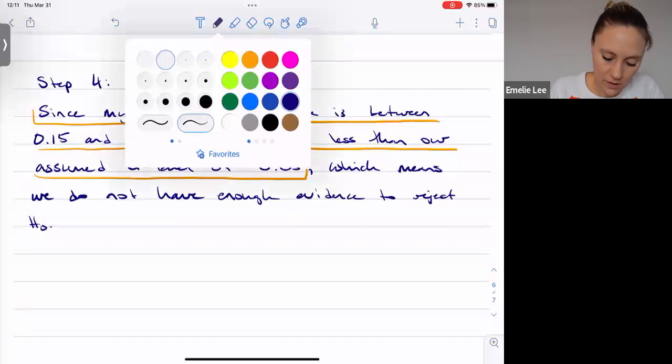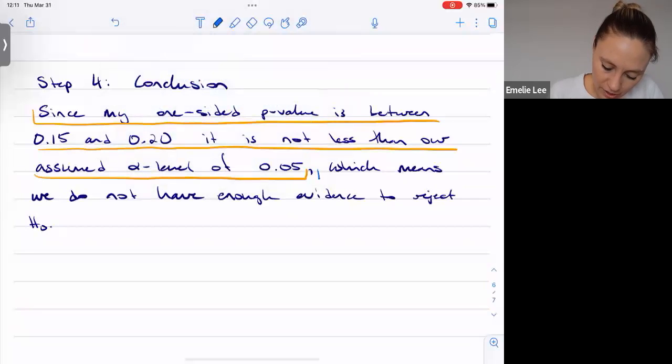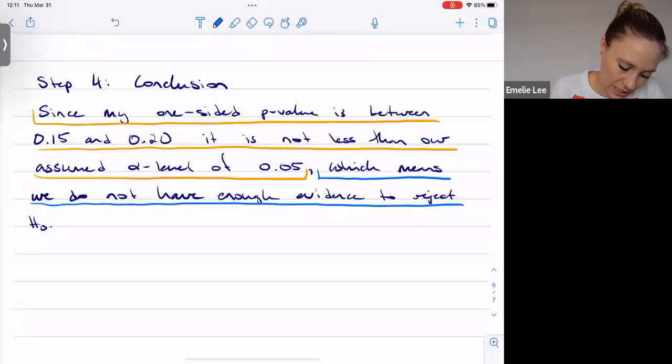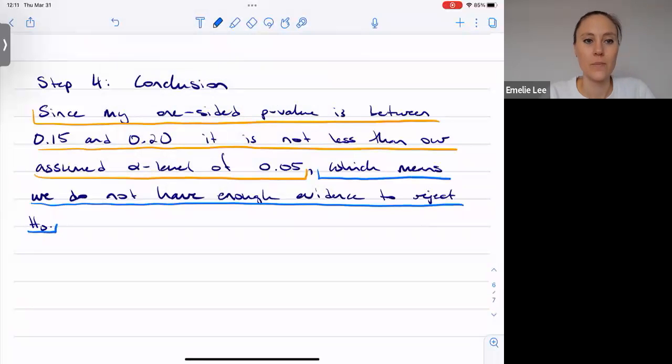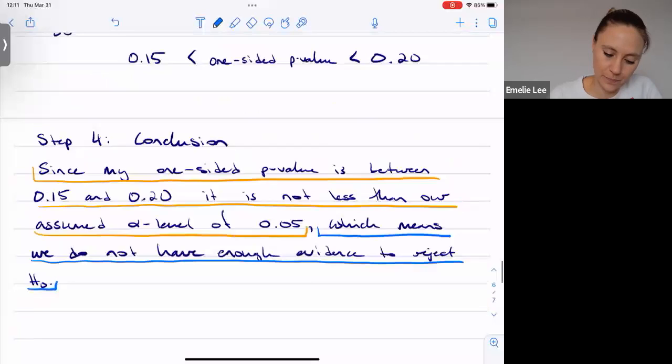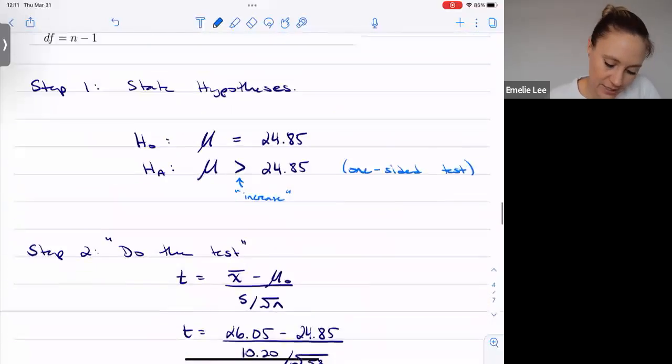That's your conclusion in terms of H naught, right? We do not have enough evidence to reject H naught. The final conclusion, the actual conclusion that we were paid to do, is what does that mean in terms of the sales after the redesign? It's not good, right? It's not what we wanted.